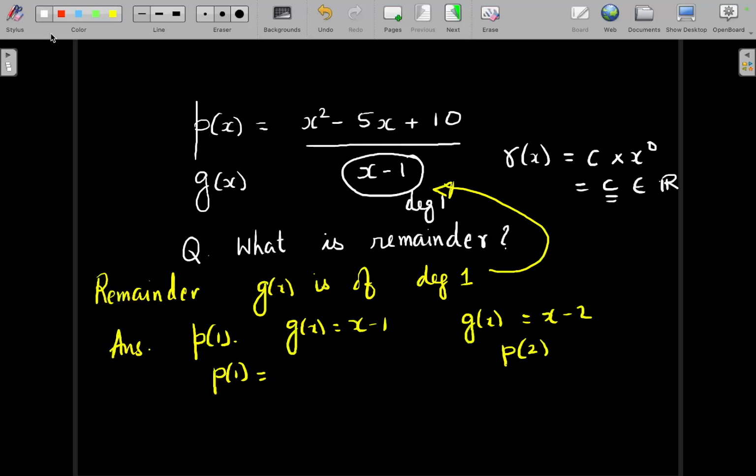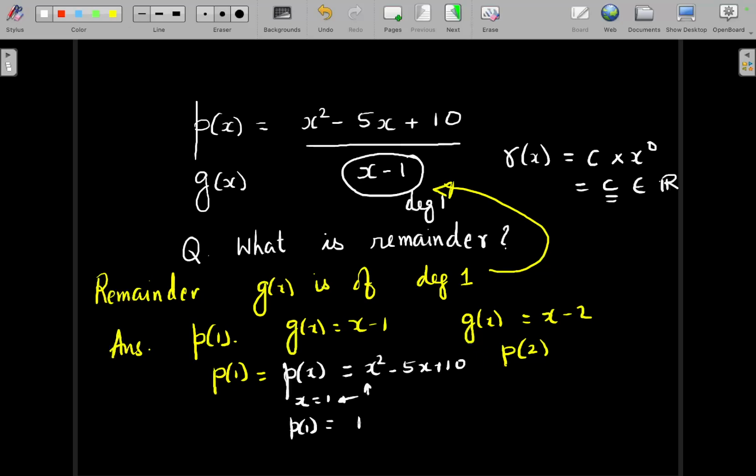I hope you'll all remember what p of 1 is. P of 1 is basically you take p of x and then you put x equal to 1. So we have p of x in our example as x square minus 5x plus 10. And now let's do p of 1. That means take the value of this x as 1.